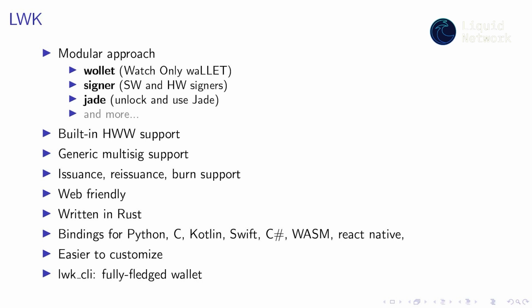Then we have a crate, which is a dependency of the signer crate, which is responsible for handling all the Jade-specific complexity. To name a few, the Jade needs to be unlocked with a procedure that involves a remote server that is storing the decryption key for the seed in the Jade.